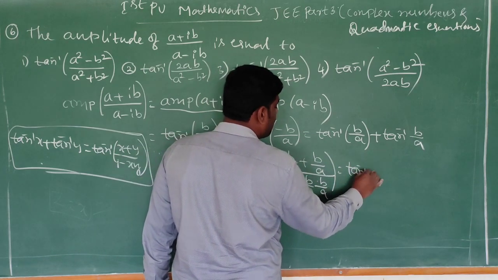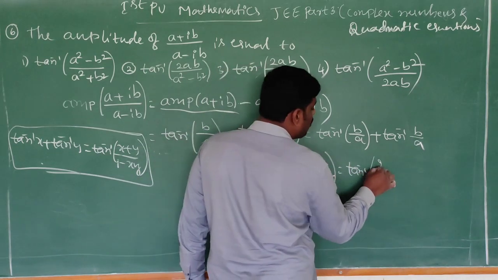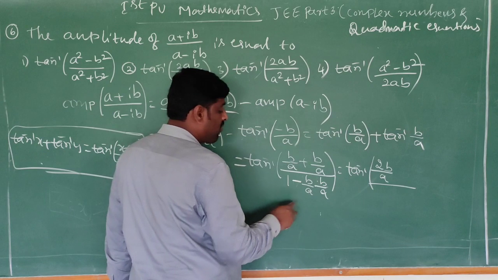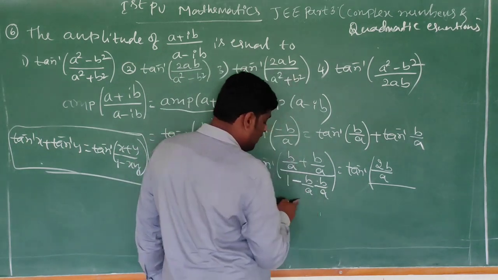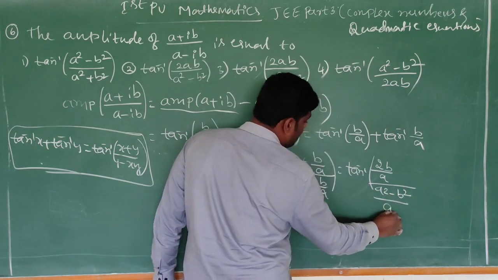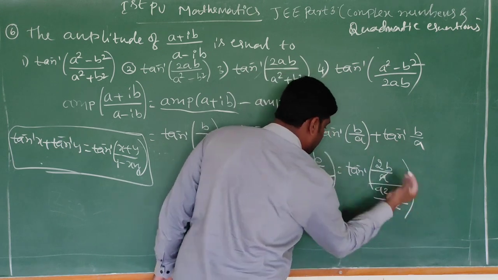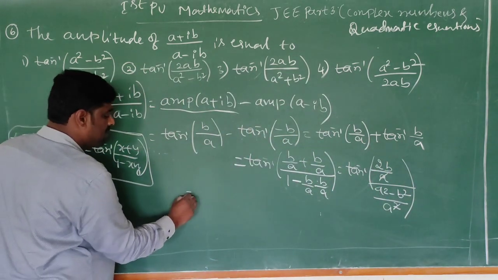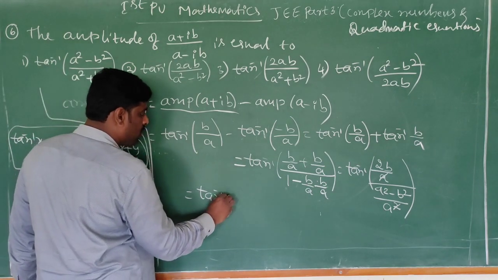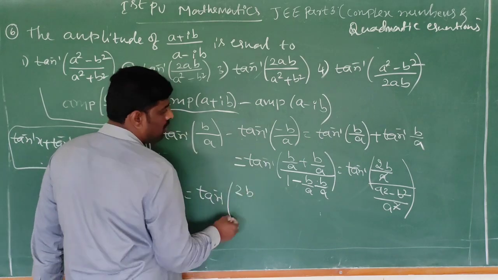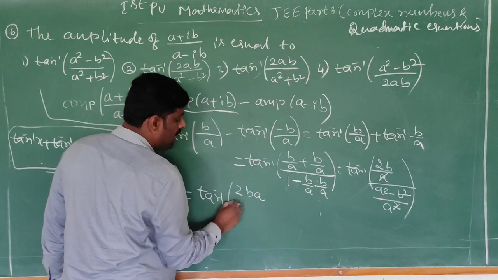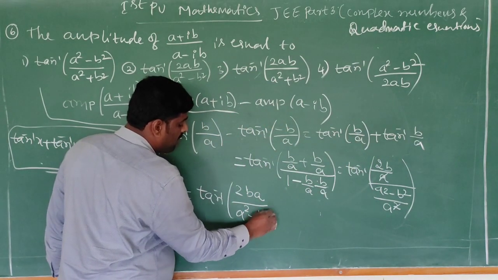That is tan inverse of 2b by a divided by (a square minus b square) by a square, taking the LCM. The a cancels, so this a goes to the numerator: tan inverse of 2ab divided by (a square minus b square).